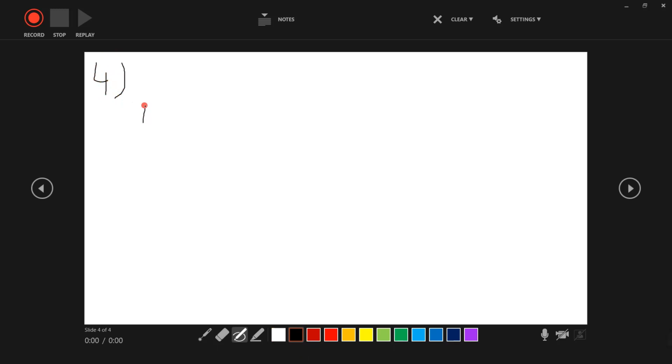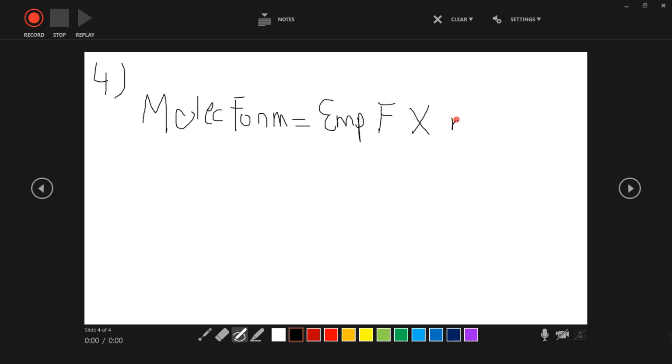So this equation says molecular formula will be equal to empirical formula multiplied by something called n. What is this n? n is equal to molecular weight divided by empirical weight.